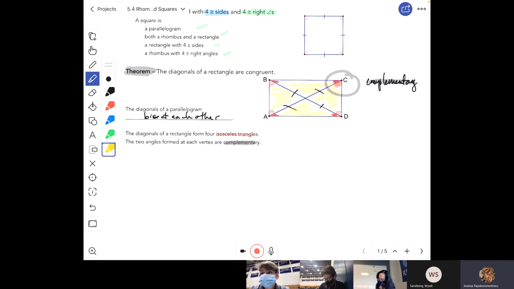So if I look at my two diagonals, they meet at what degree angle? 90-degree angle. Okay, good. So I can say that AC is perpendicular to what? BD.